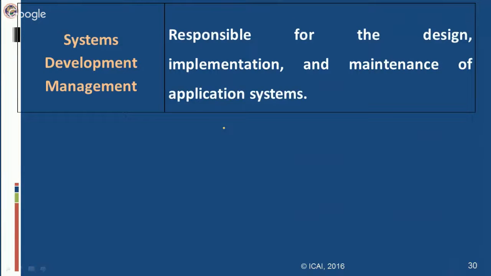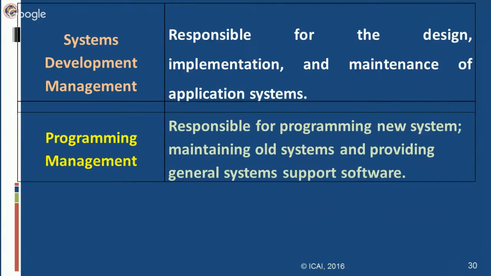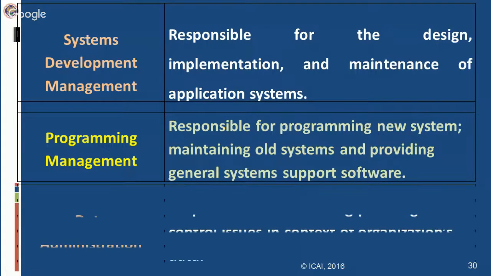Then comes the systems development management. These controls are responsible for the design, implementation, and maintenance of application systems. Then comes the programming management. Programming management is responsible for programming new systems, maintaining the old systems, and providing general system software. The primary objective of this control is to produce or acquire high quality programs.